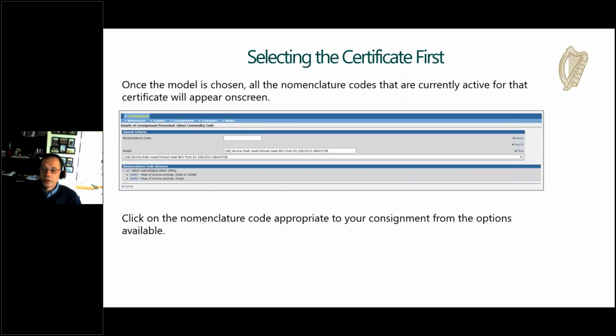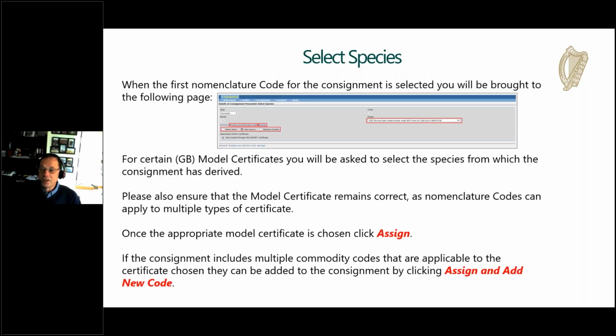When the first code for the consignment is selected, you will be brought to the following page, this one here. On it, for certain GB model certificates, you will be asked to select the species from which the consignment has derived. Please also ensure that the model certificate remains correct, as nomenclature codes can apply to multiple types of certificate.